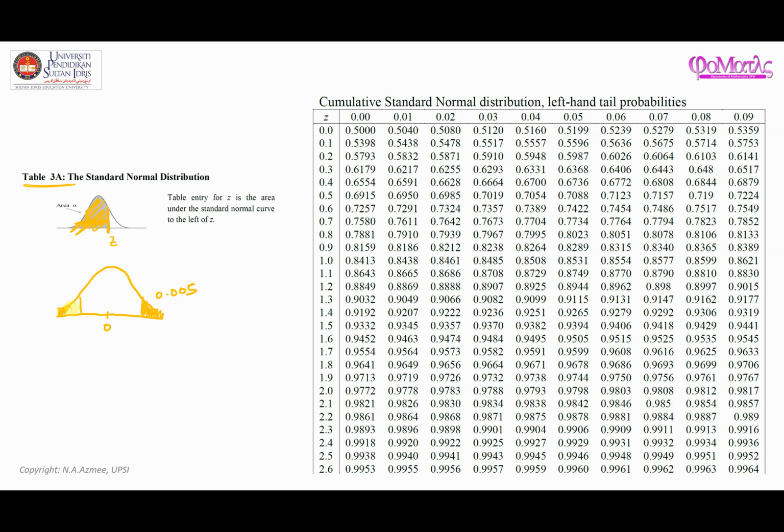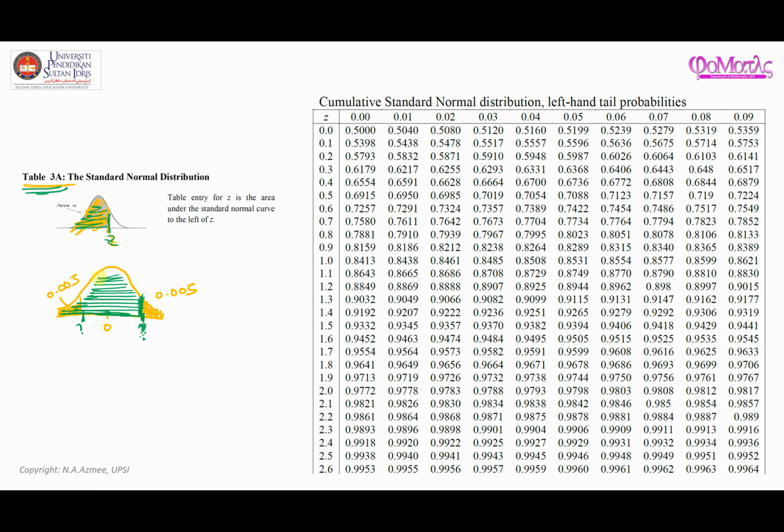This area is also 0.005. Now I need to find what is the value of this horizontal axis here and this one as well. So in order to use this table, I need to know the area from one point Z to the left. In other words, I need to know what's the area from this to this.